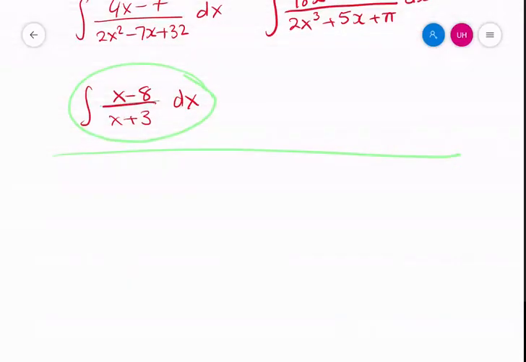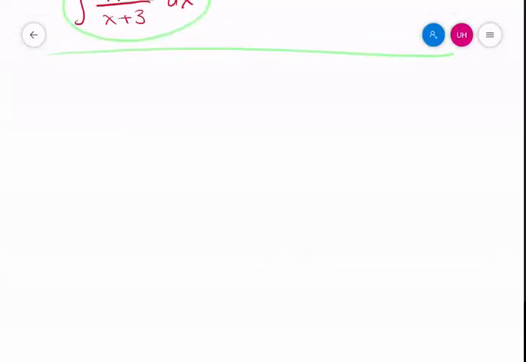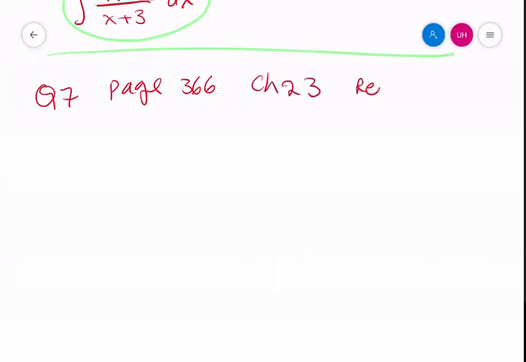Okay, question 7 says find the following integral.